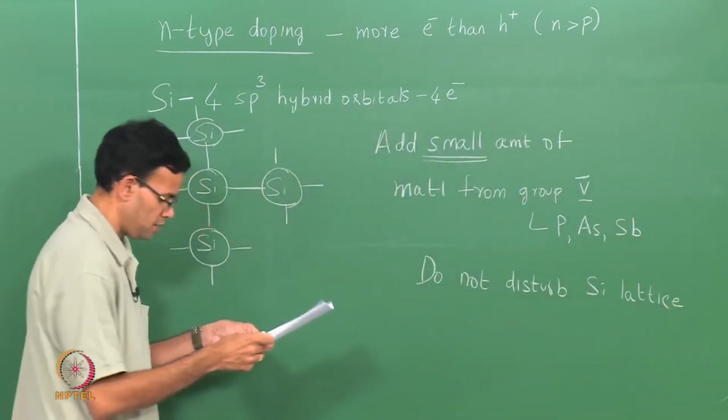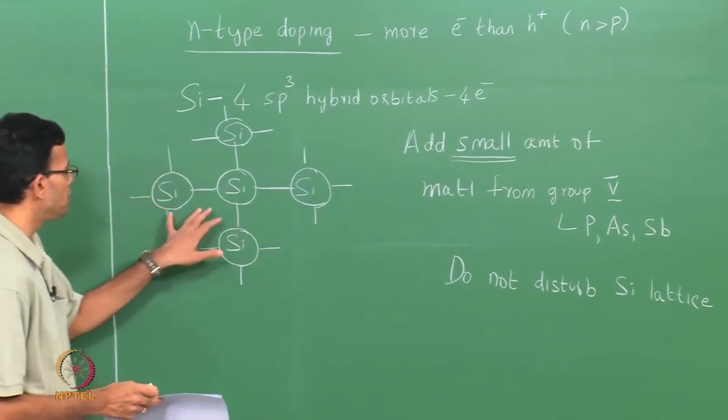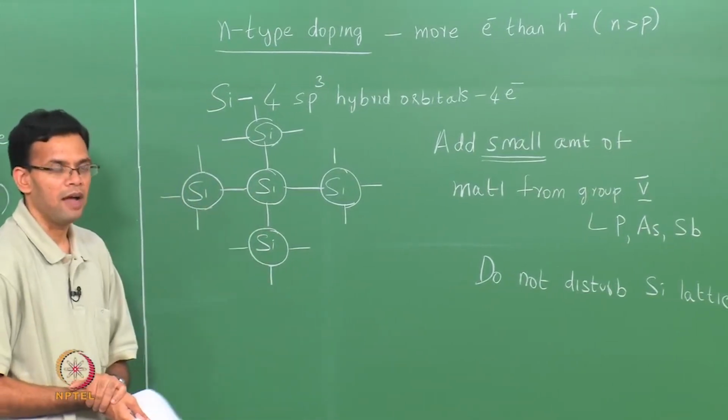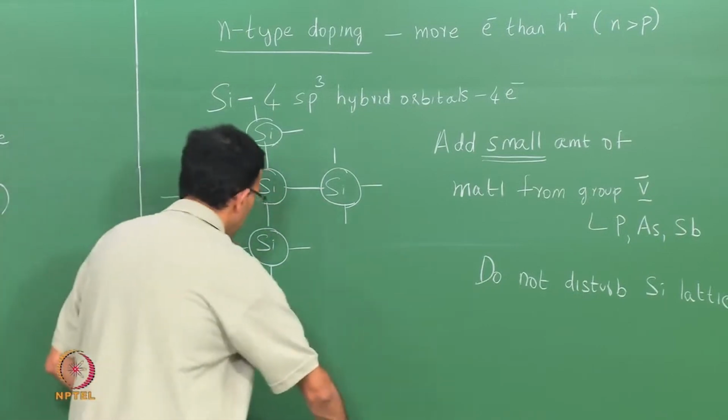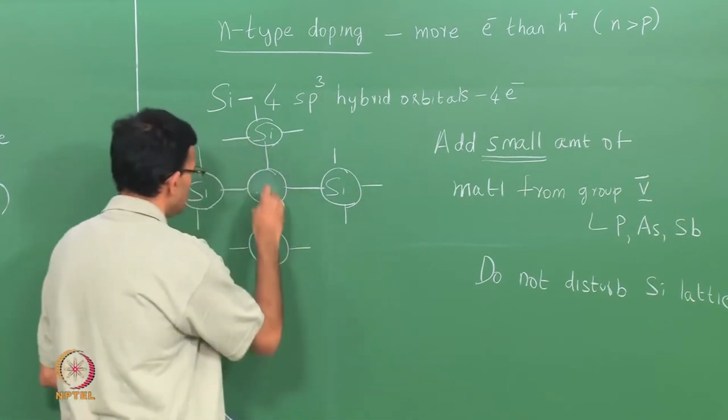So, let us go back to this picture where now instead of a silicon atom I have a phosphorus atom. I will just erase this and replace the silicon with phosphorus.